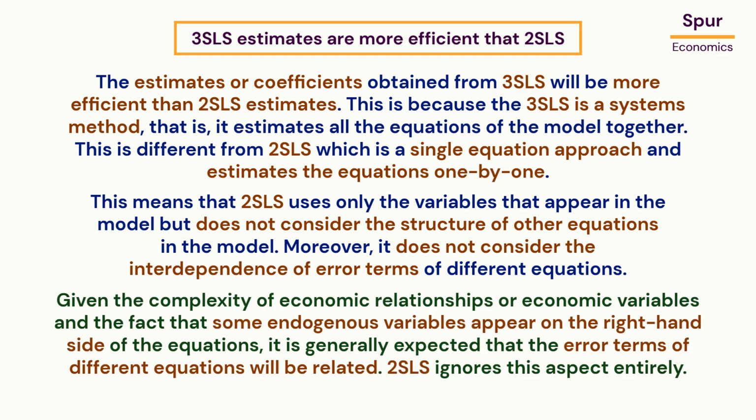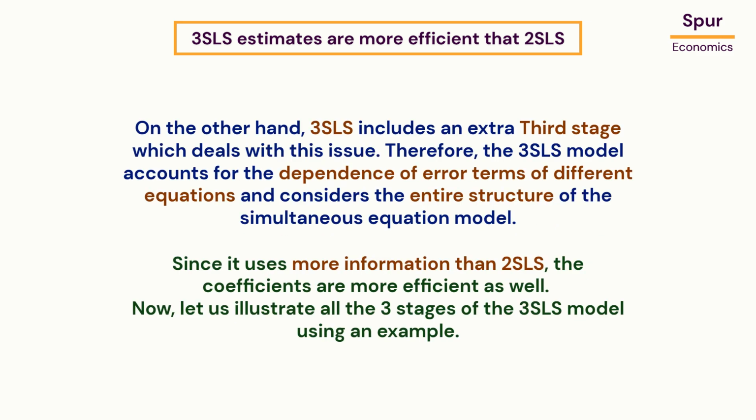Given the complexity of economic relationships or economic variables and the fact that some endogenous variables appear on the right-hand side of the equations, it is generally expected that the error terms of different equations will be related. 2SLS ignores this aspect entirely. On the other hand, 3SLS includes an extra third stage which deals with this issue.